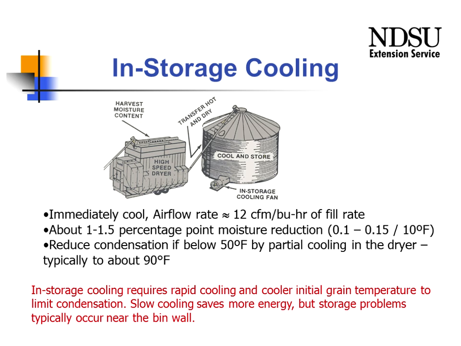So if a person is drying at 100 bushels an hour and putting into this bin, we need 12 times 100, or 1,200 CFM of airflow in order to cool that corn roughly at the same rate that we're filling the bin. We're going to see about a point or a point and a half of moisture removal because we're not tempering, so we don't see quite as much moisture removal.